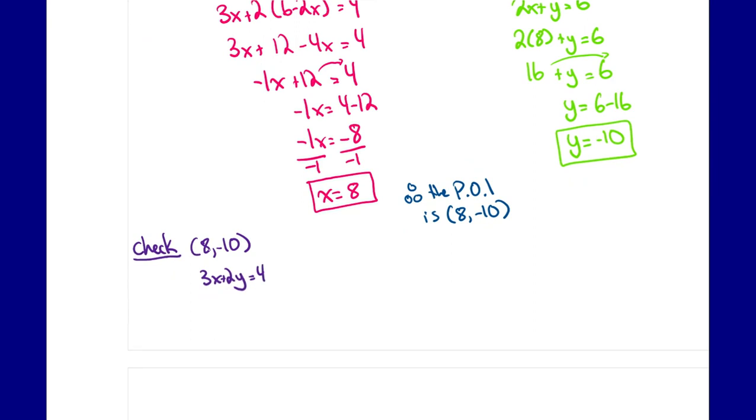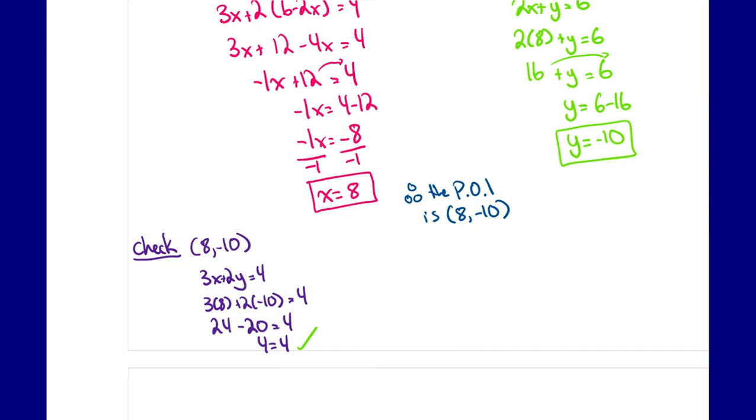Replace the x and y with the values from the point of intersection. So 3 times 8 plus 2 times negative 10 equals 4. Get 24 minus 20 equals 4, and 4 equals 4, which is correct. So that point of intersection is on the first line.